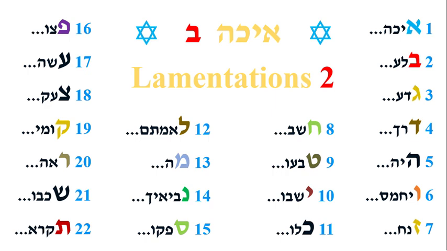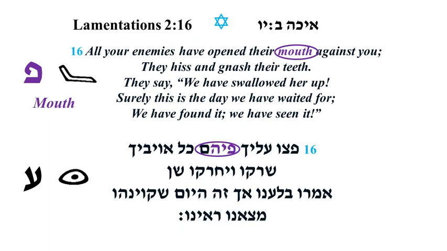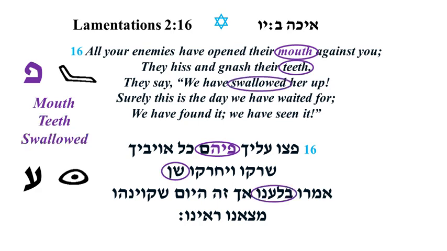Okay, well, let's read those two verses. In chapter 2, verse 16 of Lamentations, it says, all your enemies have opened their mouth against you. Look at that as a hint. Opened their mouth, Pei is mouth. They hiss and gnash their teeth, Pei, teeth, mouth. They say, we have swallowed her up. Swallowing, mouth, Pei, I get it. Surely this is the day we have waited for.